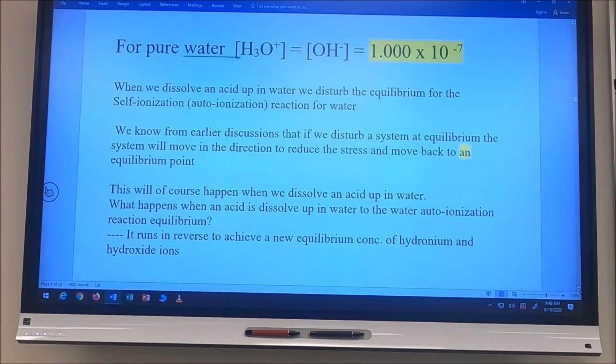And the system is going to run in one direction or the other to reestablish the equilibrium. Hint, if I add hydronium ion in or hydroxide in, I cause the self-ionization reaction of water to run backwards to re-achieve an equilibrium.